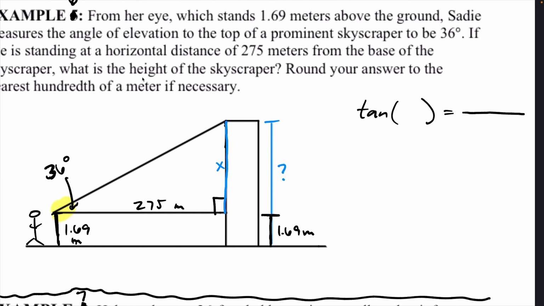Just like I did on the last one. So she's over here. Tangent of 36 degrees. We said opposite was x.